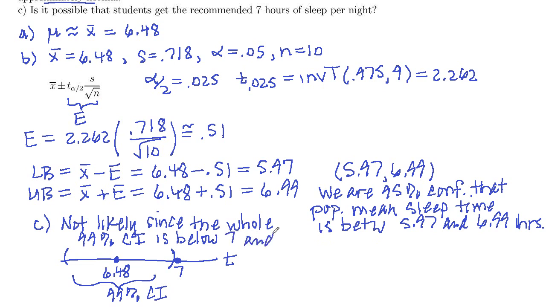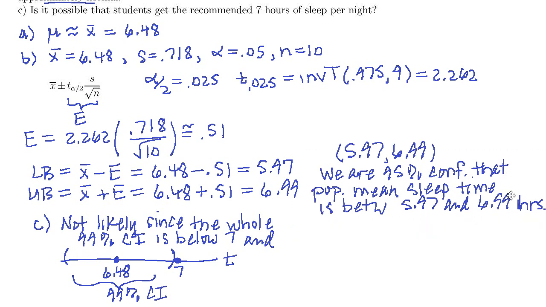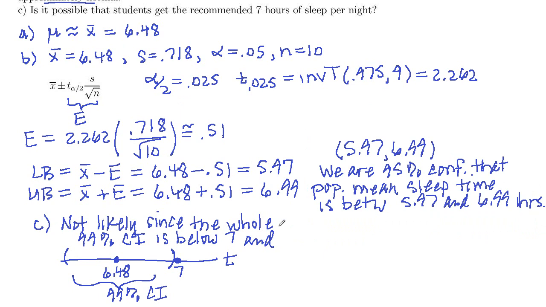And 95% of confidence intervals generated from repeated samples contain mu, the actual population mean hours of sleep.